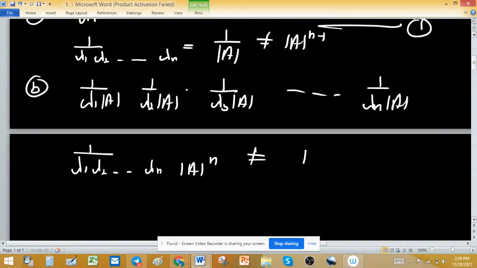This is also not equal to determinant of A raised to the power n minus 1. So option B is not true.